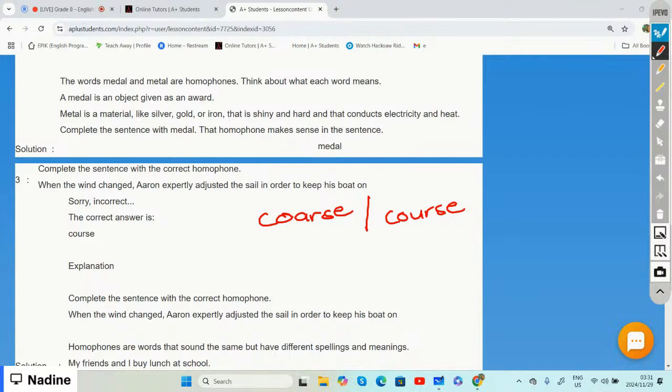Which one is correct? So coarse or course, which one is correct?